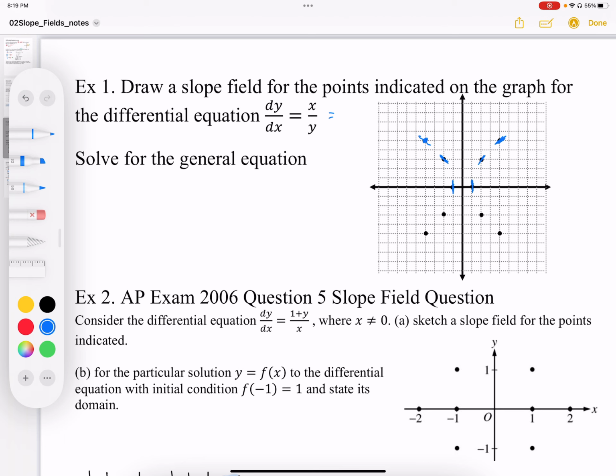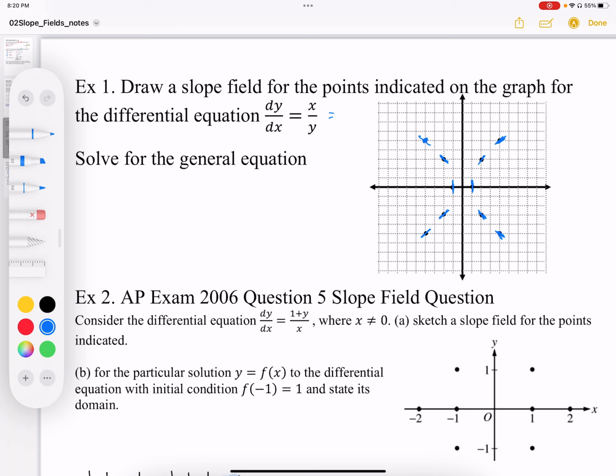In quadrant 3, we're going to get -2 over -3, which is going to be positive, so it's going to give me a positive 2 over 3 slope. -4 over -5 is going to give me a positive slope like that. And then we can do the same thing in quadrant 4. So it's going to be symmetrical but opposite signs. So we basically get a graph that looks something like that.